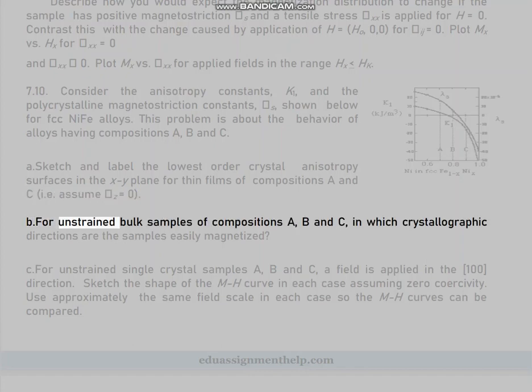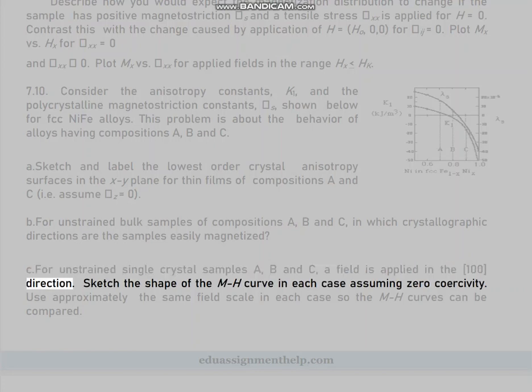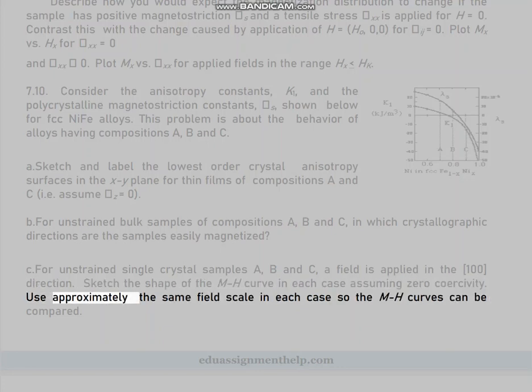B. For unstrained bulk samples of compositions A, B and C, in which crystallographic directions are the samples easily magnetized? C. For unstrained single crystal samples A, B and C, a field is applied in the [100] direction. Sketch the shape of the M-H curve in each case assuming zero coercivity. Use approximately the same field scale in each case so the M-H curves can be compared.